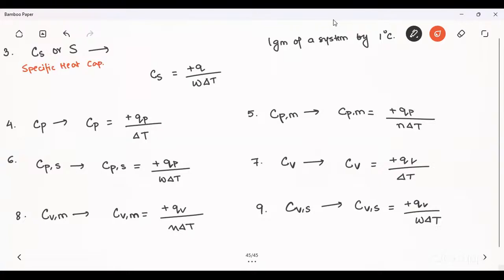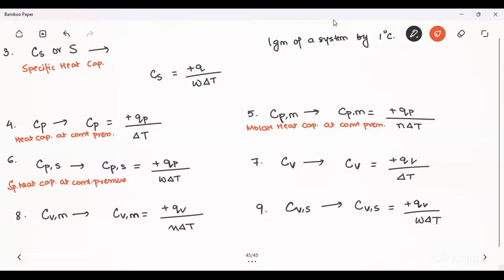CP is heat capacity at constant pressure. CPM is molar heat capacity at constant pressure. CPS is specific heat capacity at constant pressure.